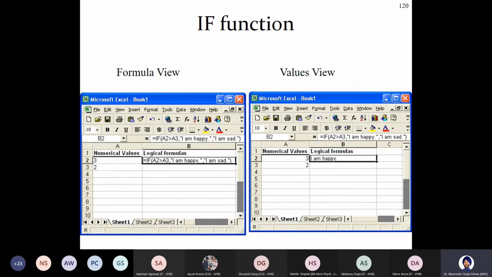So this is an if-then-else type of structure. If A2 is more than A3, then I am happy, otherwise I am sad. I hope you are understanding this.